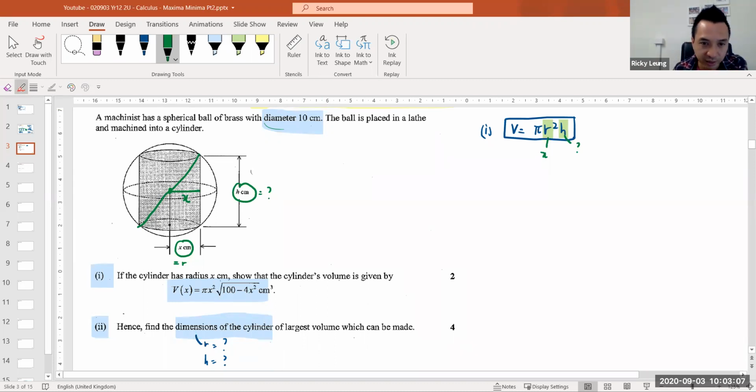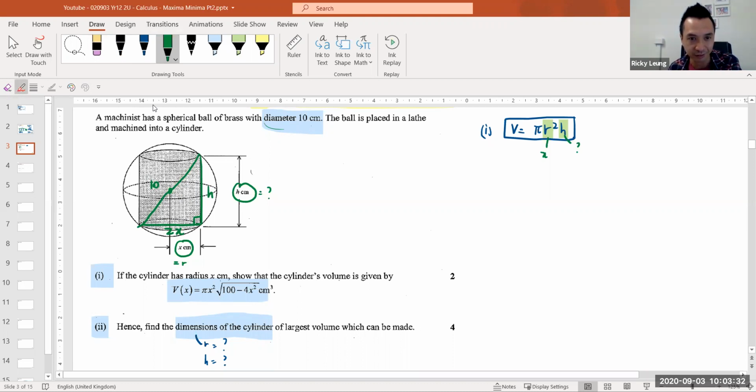I'm actually not going to use Pythagoras on the small one. Normally I would, but because they want 10 over here and they want h over here, I can say this is 2 times the radius. There lies my Pythagoras, which gets me that side.